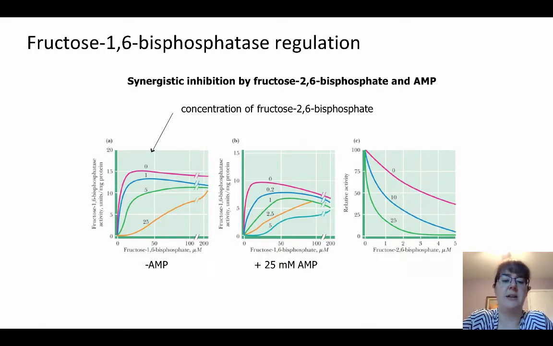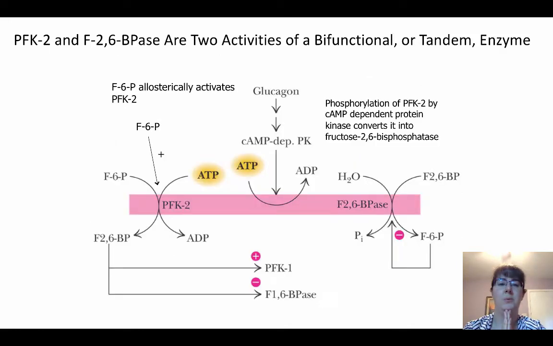Again, the more of that you add, the lower things go. This shows that the inhibitory effects of fructose 2,6-bisphosphate and AMP are separate. They both inhibit fructose 1,6-bisphosphatase, and since they both inhibit this enzyme, when you have both of them together, you get greater inhibition.